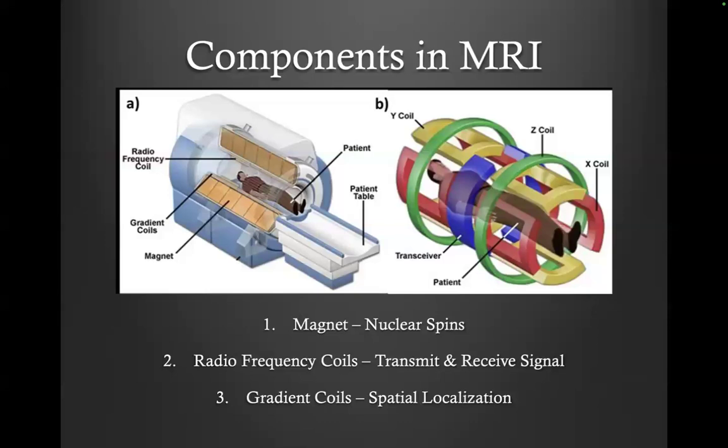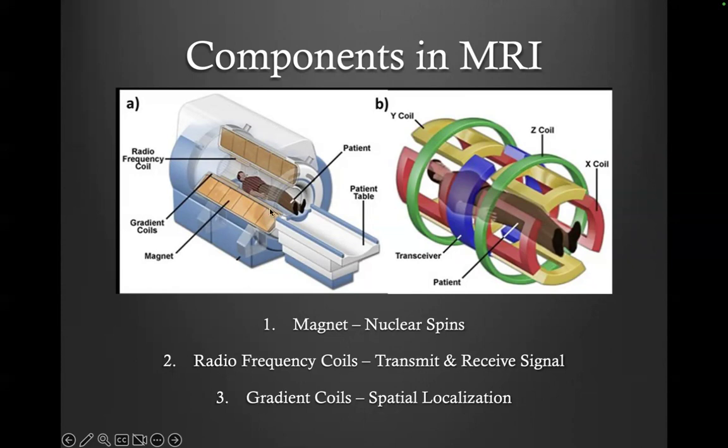There are three main components in MRI which are relevant to our lecture here. One is the main magnet, which takes up the bulk of an MRI scanner, and its purpose is to generate your nuclear spins. The next component is radio frequency coils.